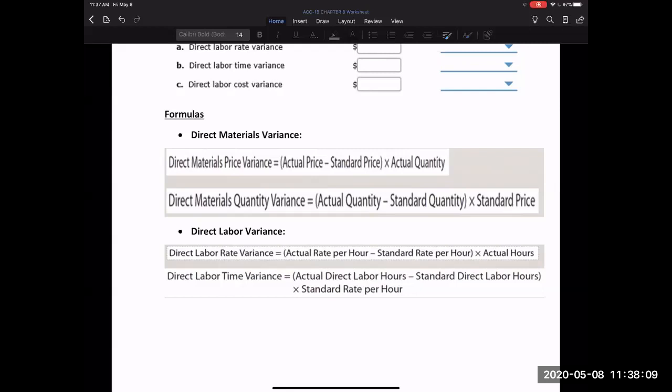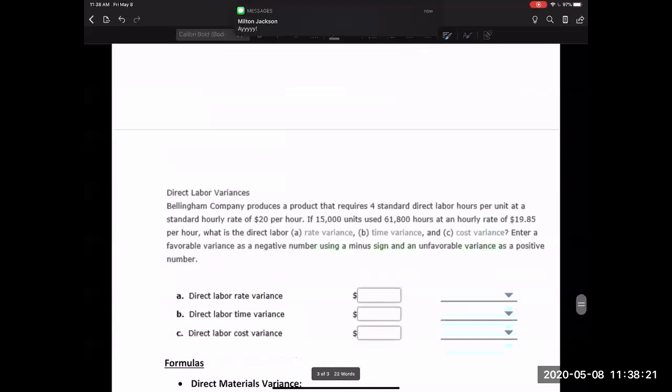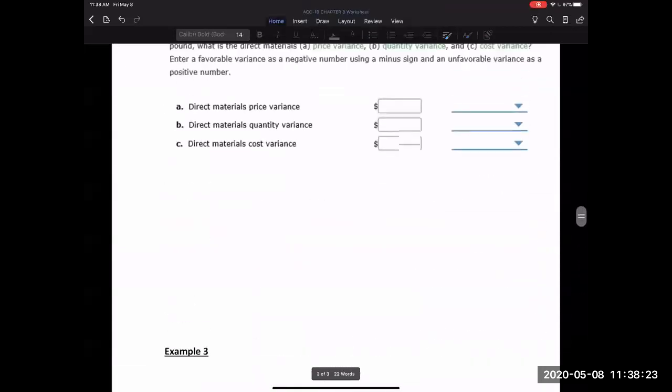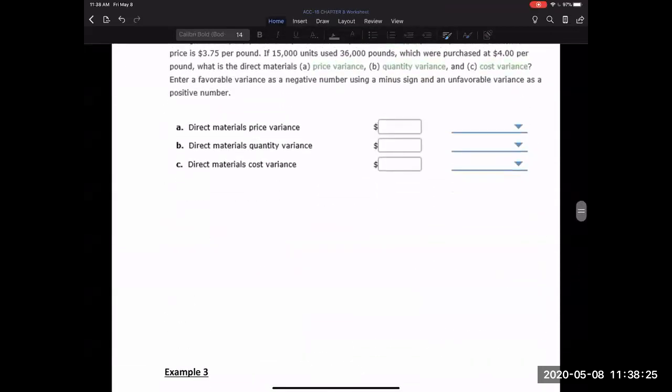So we are trying to figure out the very first one, which is the direct material price variance. So it's gonna be actual price minus standard price times the actual quantity. Okay, so that's what we're going to do here. I'm gonna take a second and write this formula out.